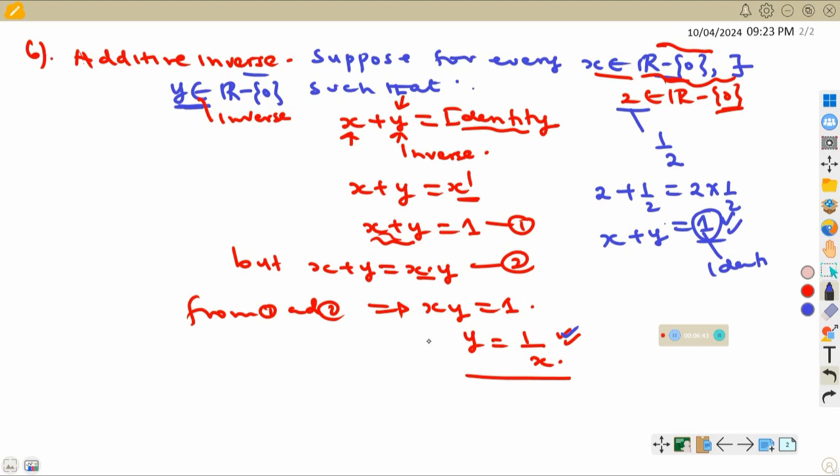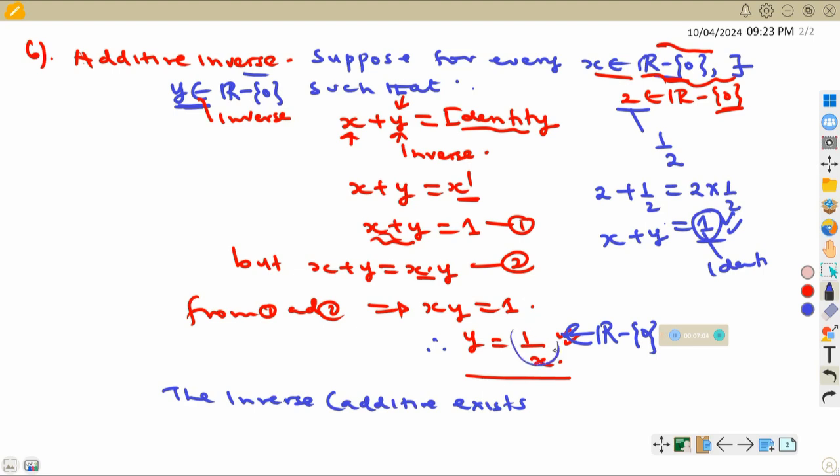So the inverse exists. The inverse, that is the additive inverse, exists because we know that this is an element of R minus 0. This one here, 1 upon x, is an element of R minus 0.